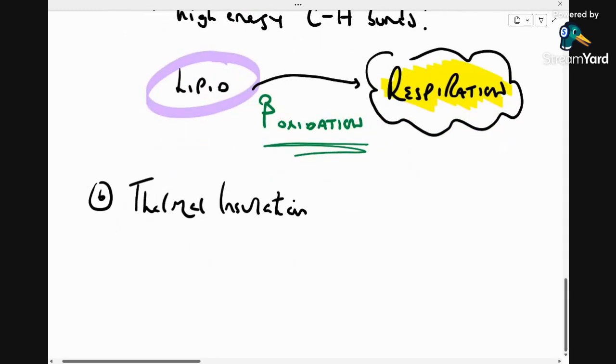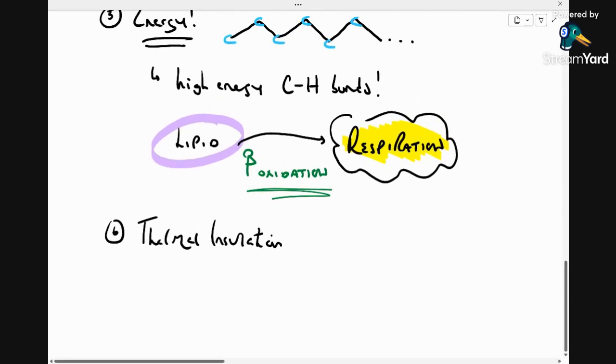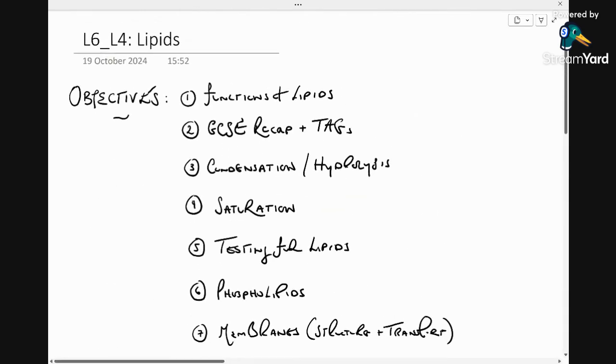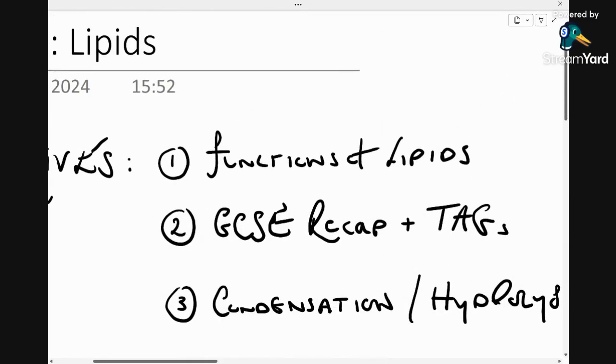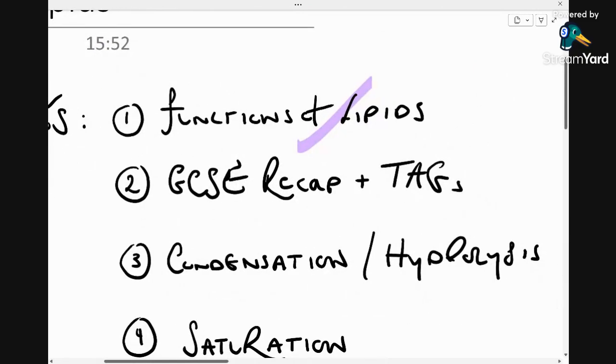So animals use it, for example, seals will use blubber, humans use it for thermal insulation. So those are the major ways in which we use lipids. So I'm going to sort of tick that off. We've covered most of those.